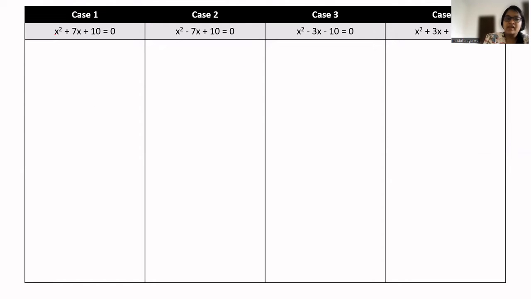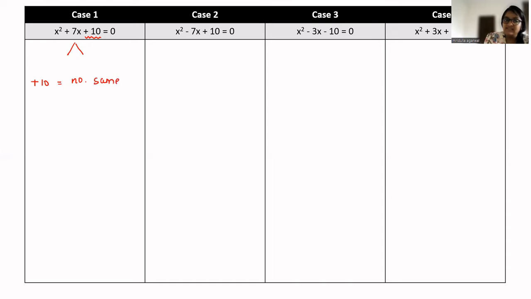The first one, this is a quadratic equation. The coefficient of x square is 1, the middle term is 7x and the last term is 10. 7x we have to split in such a manner that the multiplication of those two numbers will give me the last term. Now how to find those terms? As you can see, we have plus 10. Whenever plus 10 is there, plus indicates the numbers should have the same sign.